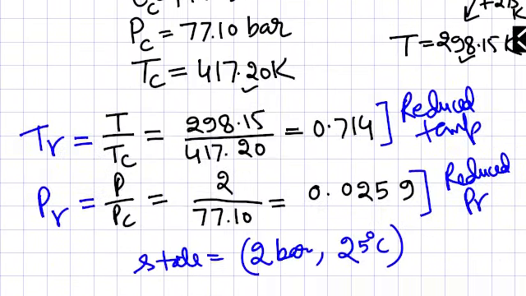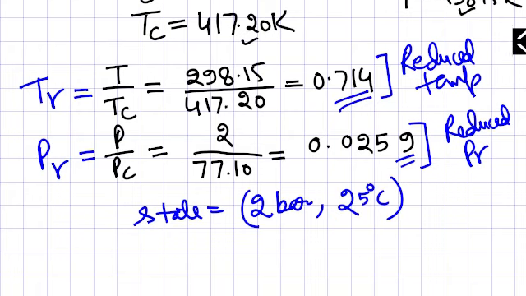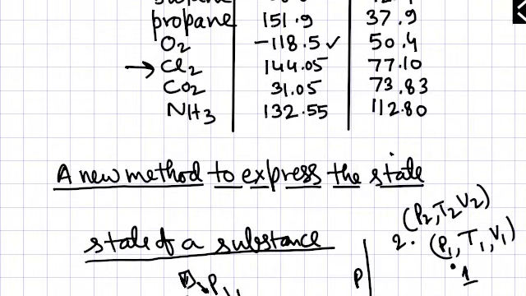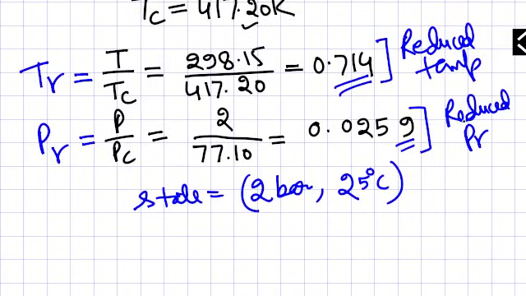But now this is the new data we have got, and it is called reduced temperature and reduced pressure. So we are discussing a new method to express the state. The state of this system, that is the chlorine gas, can also be shown by this data, 0.0259.